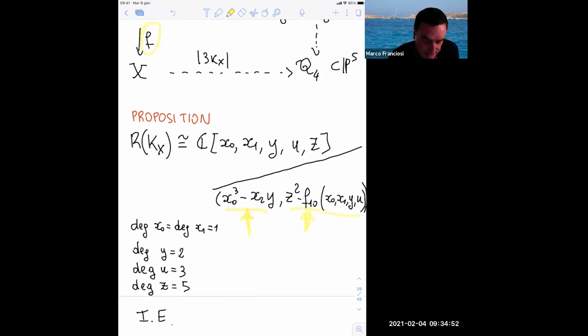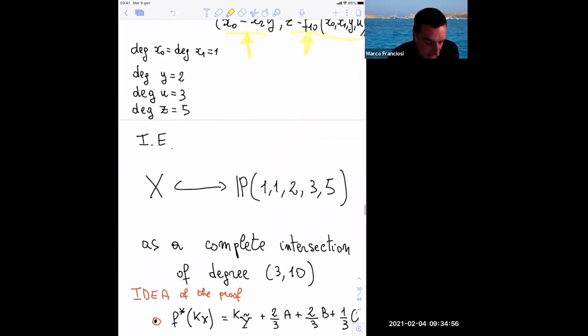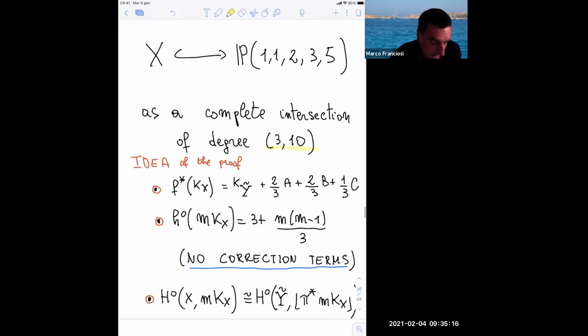What does this description mean? That we have an embedding of X into the weighted projective space P(1,1,2,3,5) as a complete intersection of degree 3, 10. And this is helpful. So let me give you an idea of the proof.